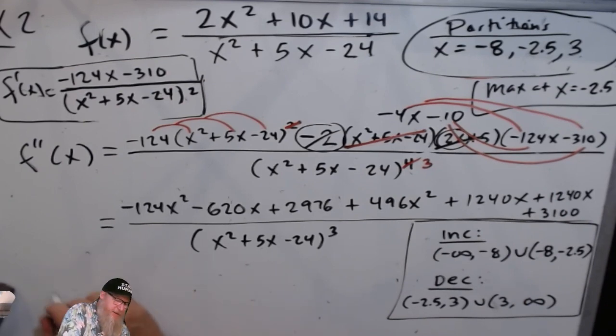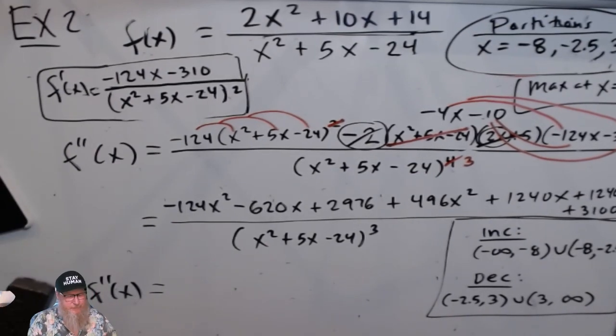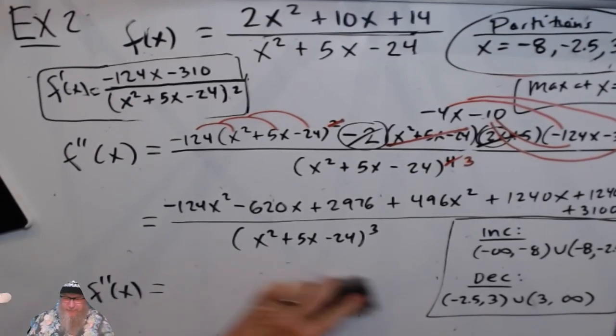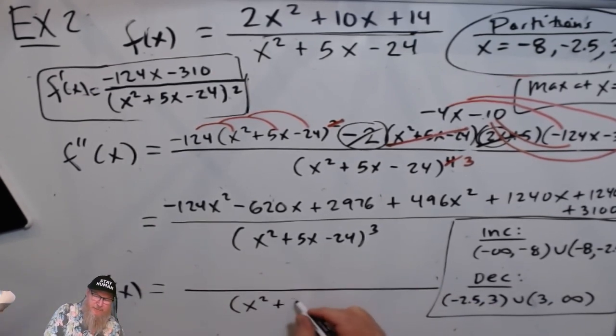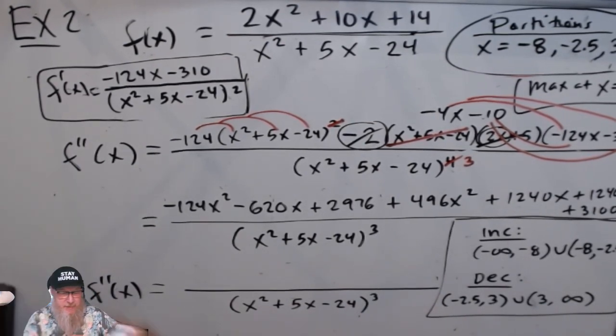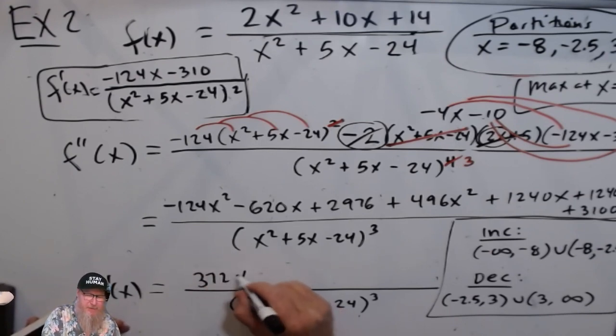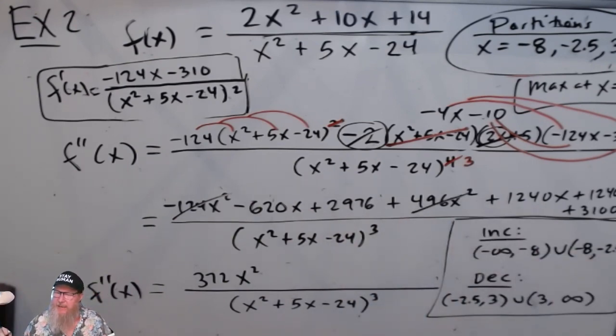Now, if I've done this correctly, which at this point it better be right, or we're going to be in big trouble. We have a lot of time we've wasted. So much time we've wasted. Let's see. 496 minus 124, 372x squared. All right, what else we got?